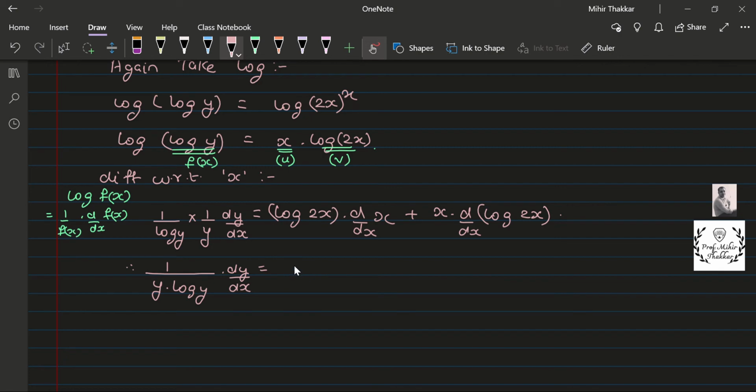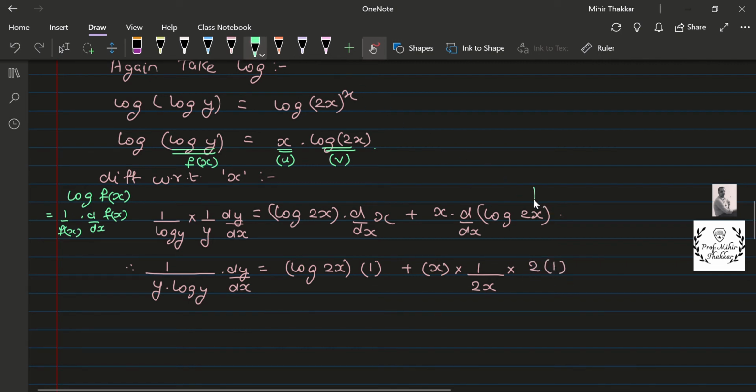and leave this log 2x as it is. Derivative of x is 1. We leave this x as it is. Derivative of log 2x is 1 upon 2x multiplied by derivative of 2x, which is 2 into 1. Again over here, we are considering this as log of fx.